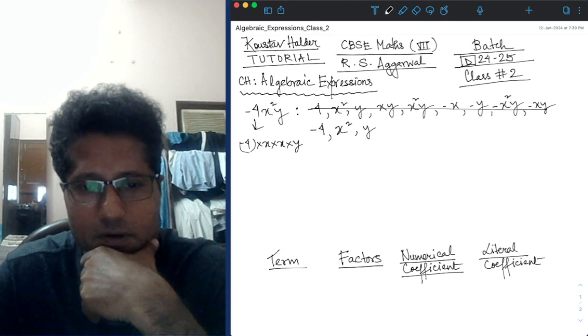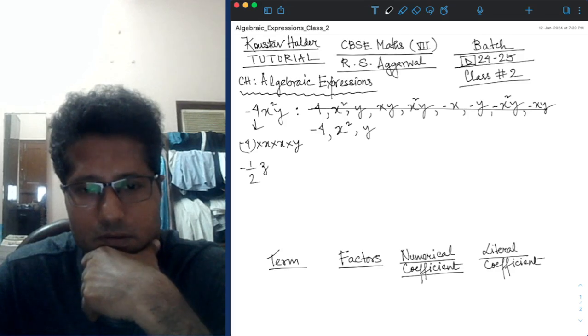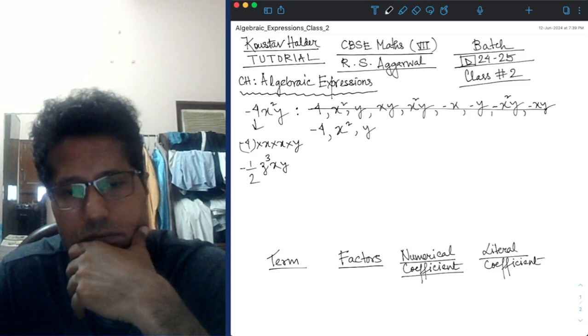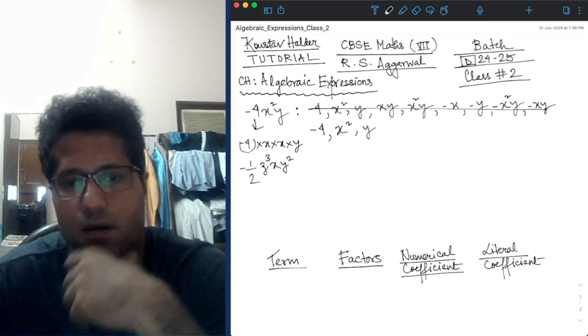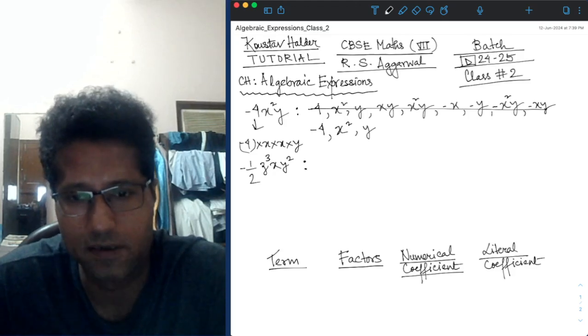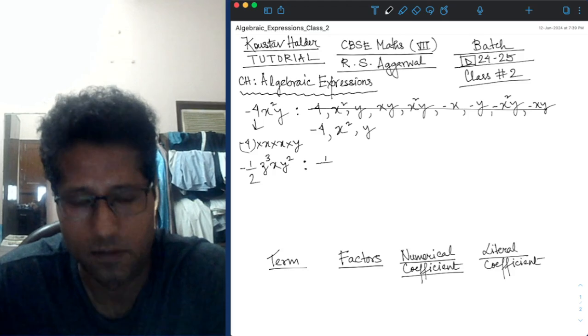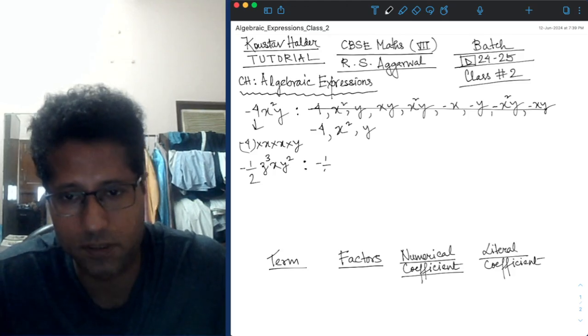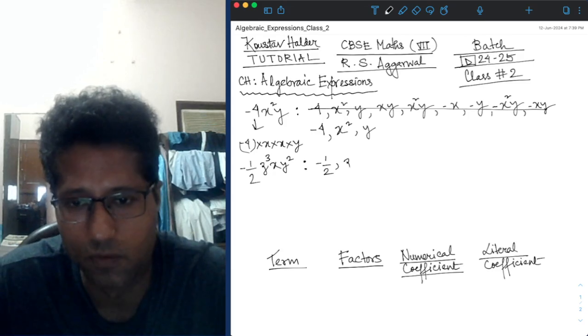Let's take another example. Let's say minus half z cube x y square. This term will have the factors minus half, that is the constant part, z cube, x and y square.